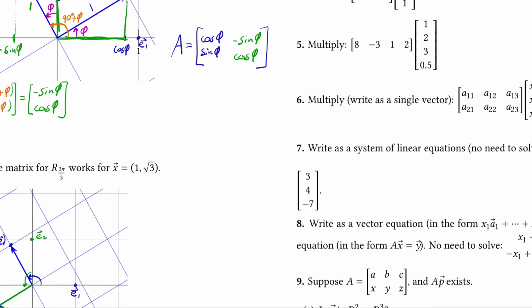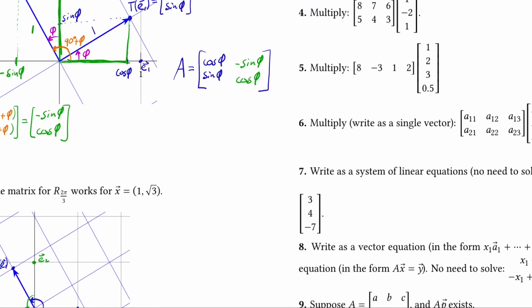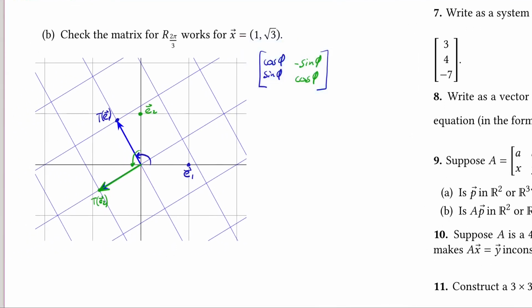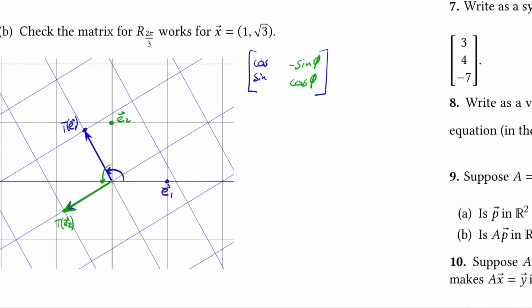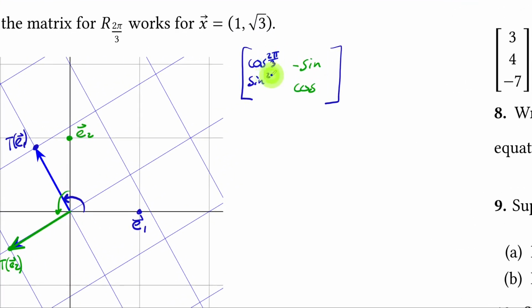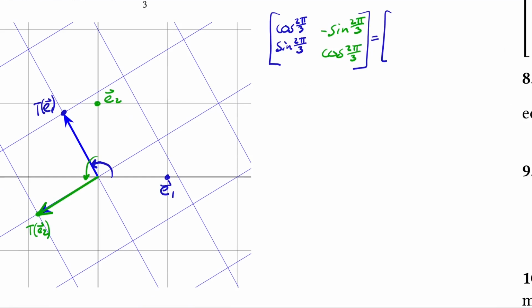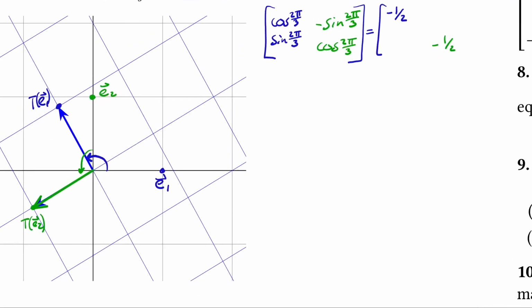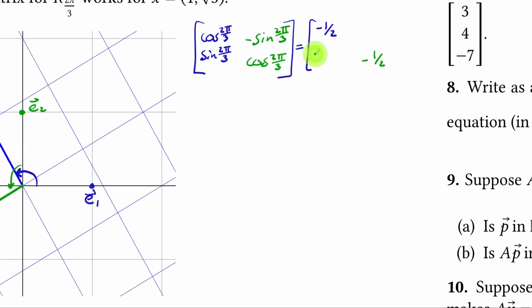Now let's check that this formula works. Cosine of 2 pi over 3 is negative 1/2, and sine of 2 pi over 3 is root 3 over 2.